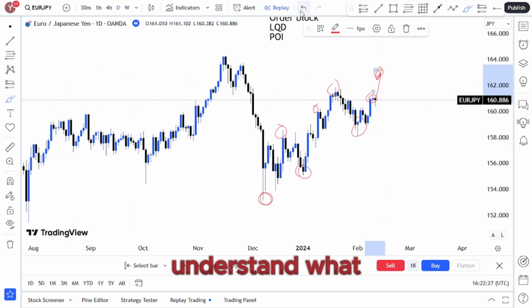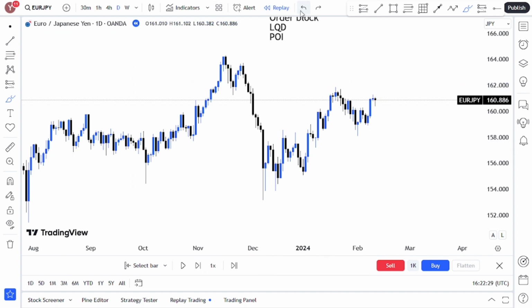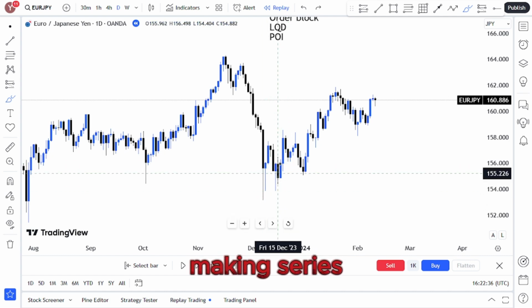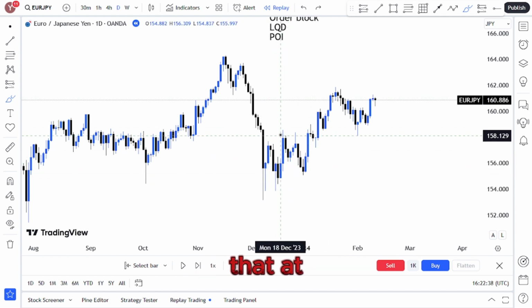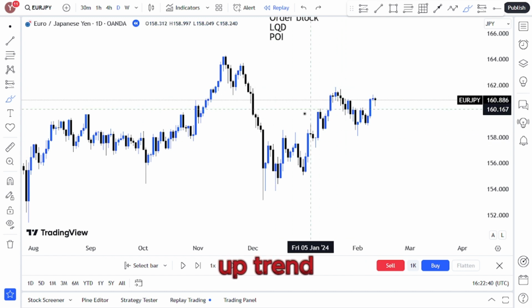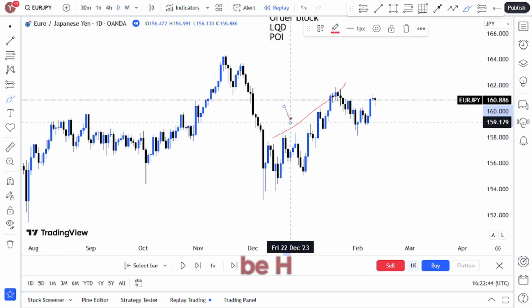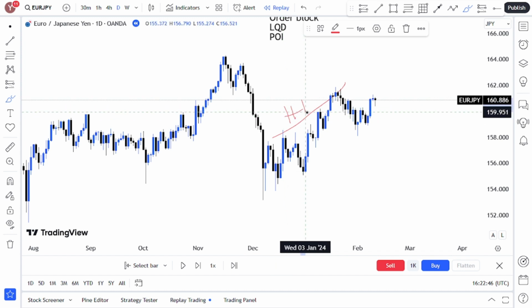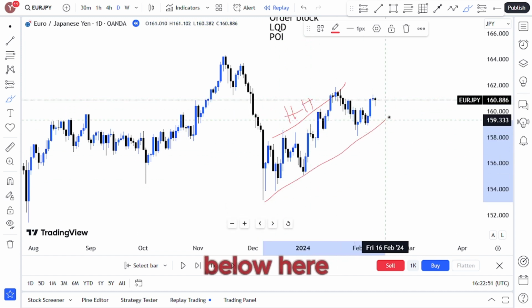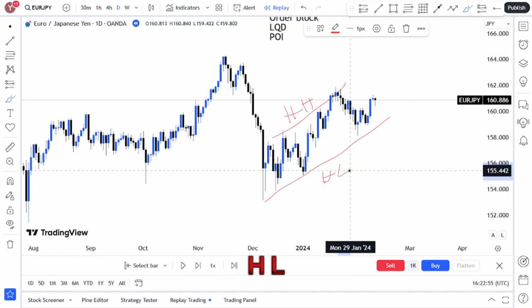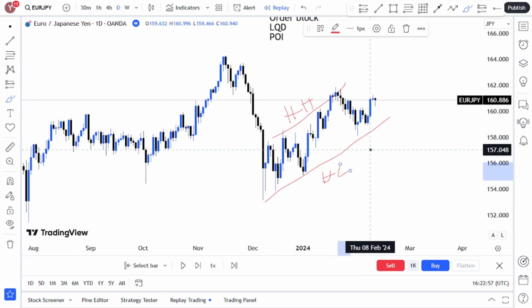For you to understand market structure: when the market is making a series of highs and lows, on the upside, on the uptrend, anything above here is considered HH, which is higher high, and anything below here is considered HL, which is higher low.